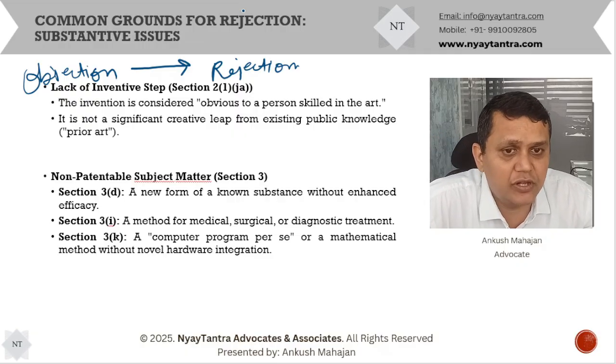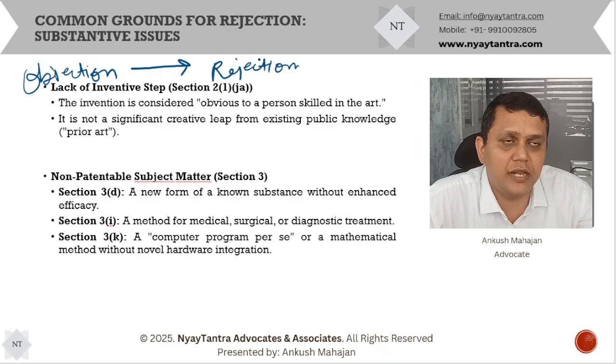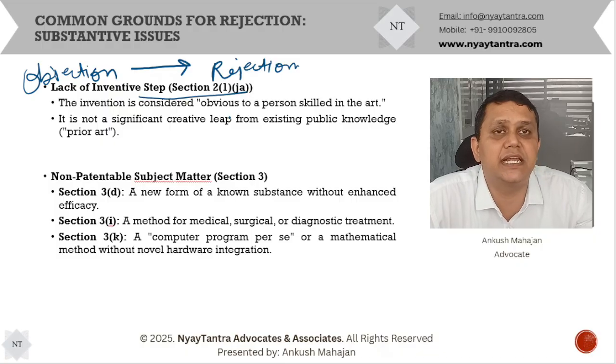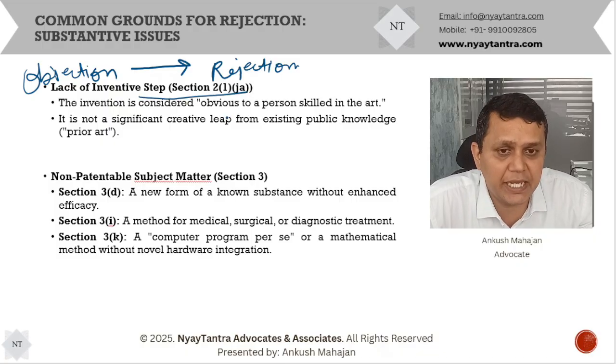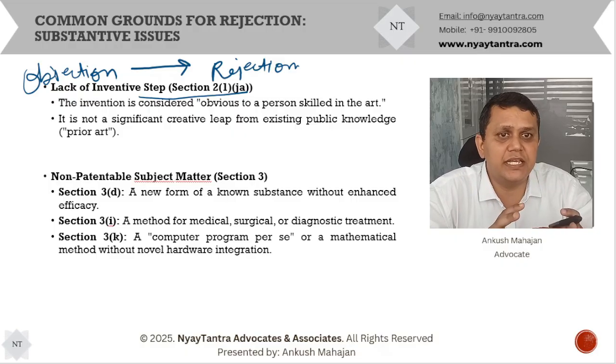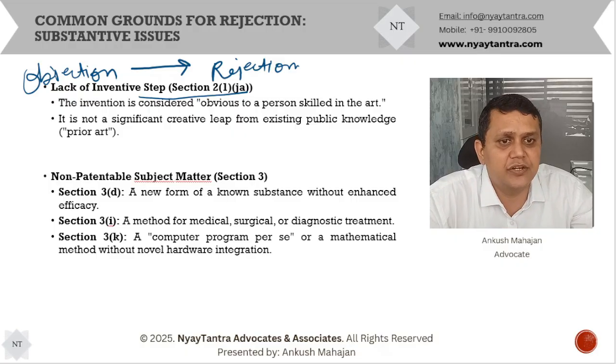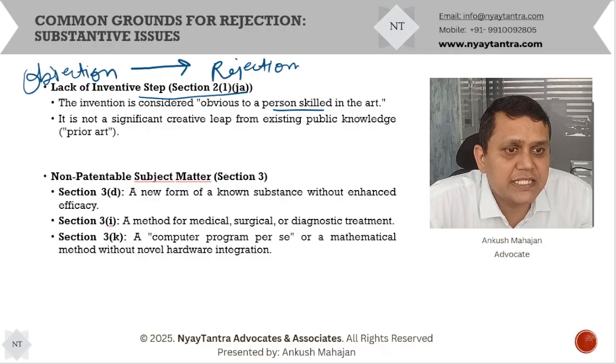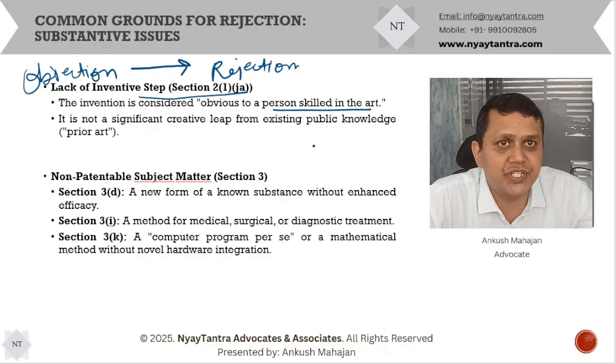Now, first of all, in a majority of the applications we generally receive, the invention lacks the inventive step, section 2(1)(ja). Okay, we will see in the final orders that typically, the invention is considered obvious to a person skilled in the art. Such kind of language would be used by the learned controller to reject your patent application on the basis of section 2(1)(ja) of the Indian Patent Act.